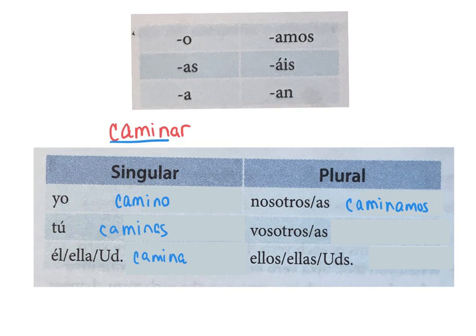You actually say the pronoun by what you are saying in the ending of your verb. So if I wanted to say we walk, I don't have to say nosotros caminamos. I can just say caminamos. And that's enough. I don't have to add the personal pronoun on top of it.